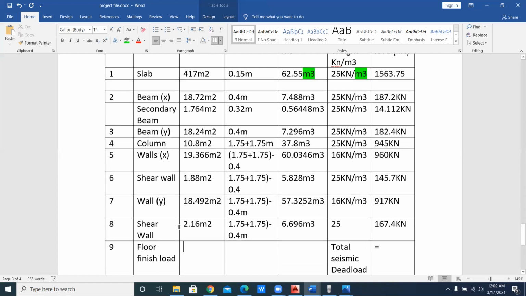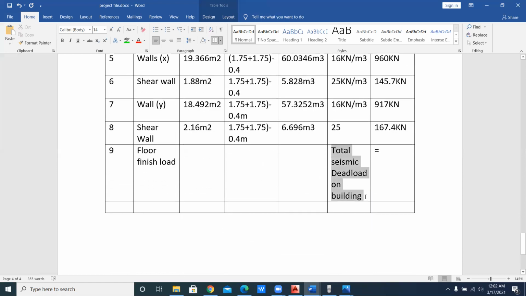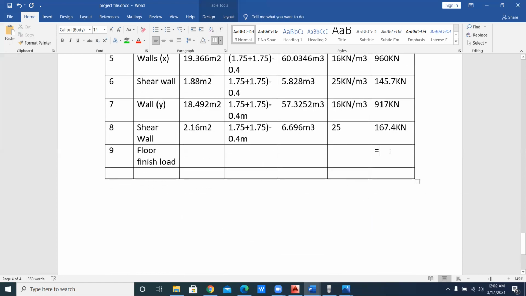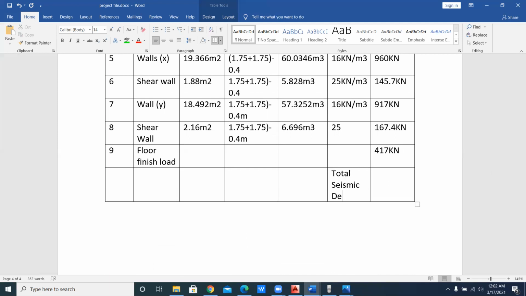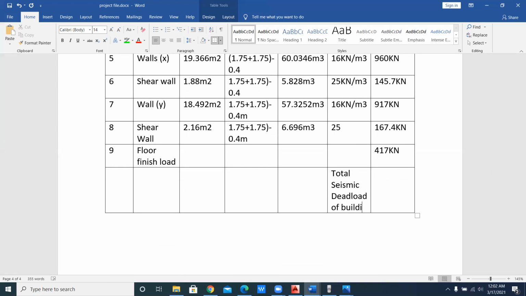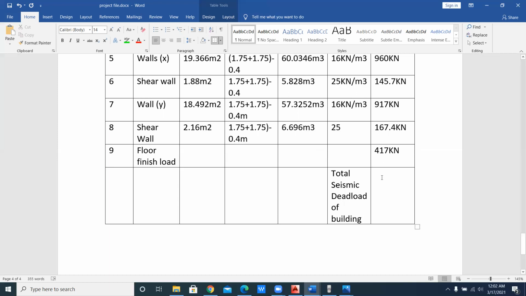This one is 417 kilonewton. You don't need to deduct anything, because it is already in kilonewton. So here you can write total seismic dead load of building.